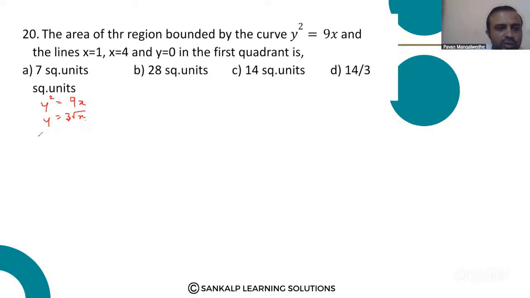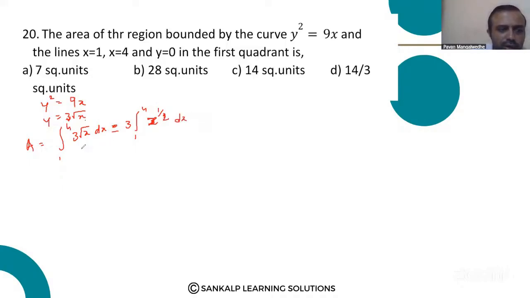Now step into the integral part. That is y is equal to 3 root x, from x is equal to 1 to x is equal to 4. A is equal to the integration of 1 to 4 of 3 root x dx, which is 3 into the integration of 1 to 4, where 3 is outside, and root x is x raised to 1 by 2 dx.